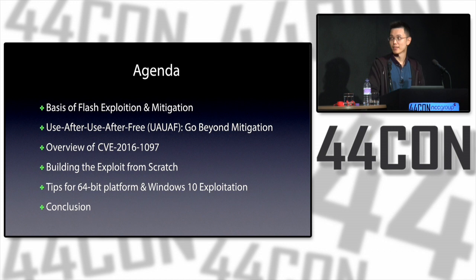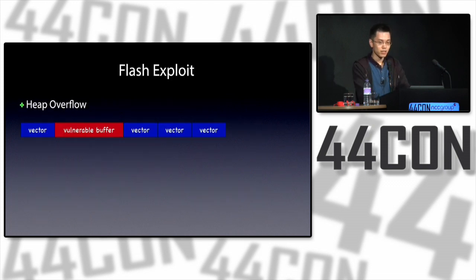Next, I will show you my method to bypass these mitigations. And then we will build the exploit step by step with this method for CVE-2016-1097. At the end of the talk, I will discuss how to exploit in the 64-bit environment and how Windows 10 affects the exploitation.